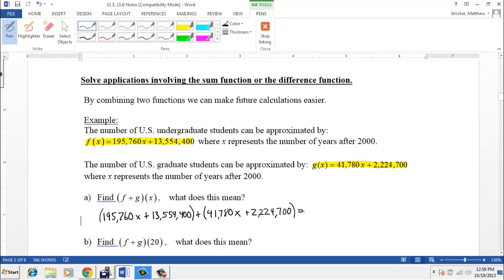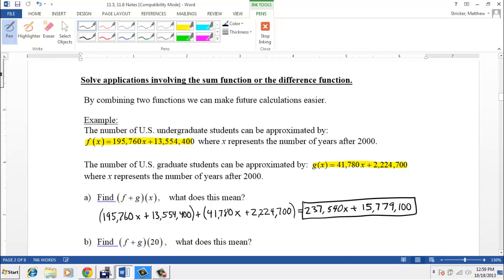When I add that, if I add the x parts together, 195,760 plus 41,780, I get 237,540x, and then the 13,554,400 plus the 2,224,700 gives us 15,779,100. So this is our new function.